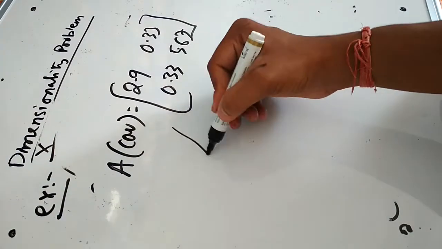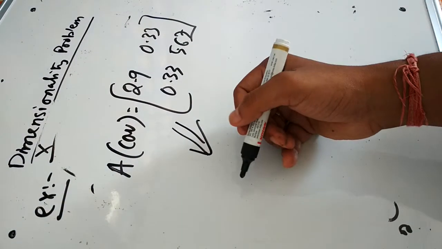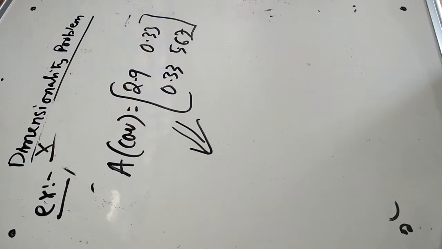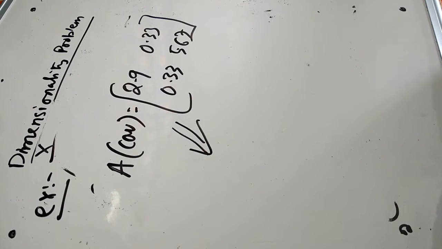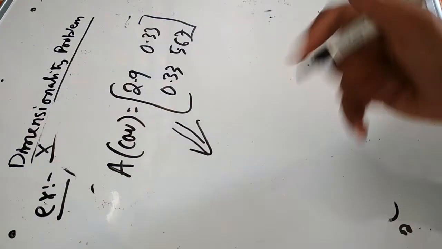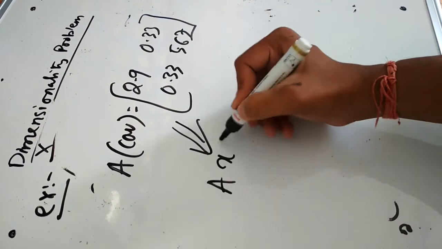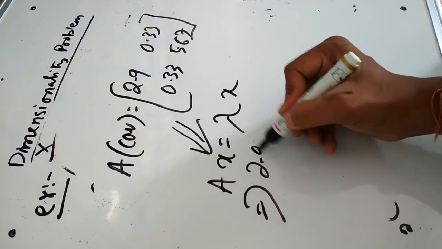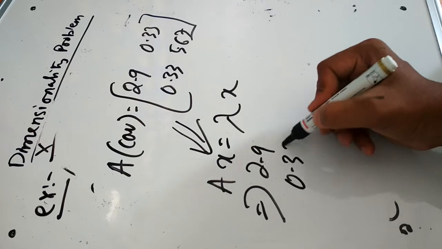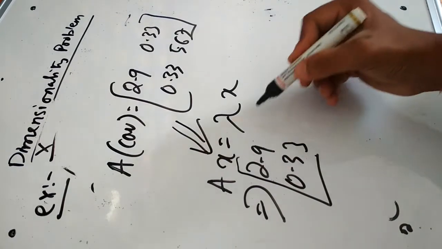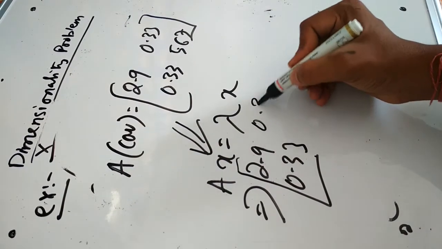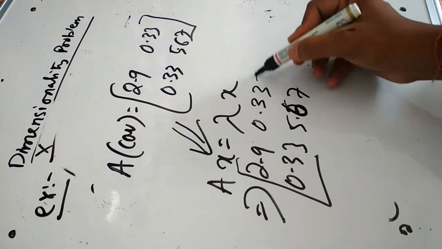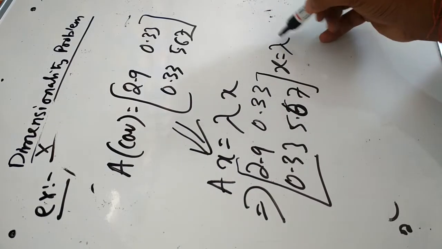After finding the covariance, we have to go for the eigenvalues and corresponding eigenvectors. For that, let's do Ax is equal to lambda x. This can be represented as the matrix 2.9, 0.33, 0.33, 5.67, times x is equal to lambda x.